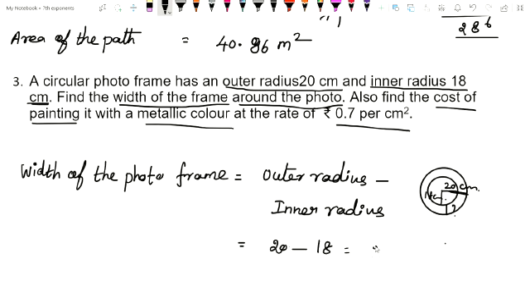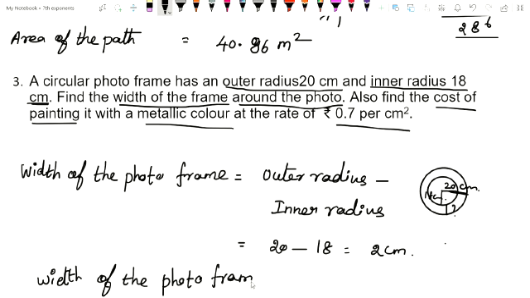What will you get? 2 centimeter. So, width of the photo frame equals 2 centimeter.